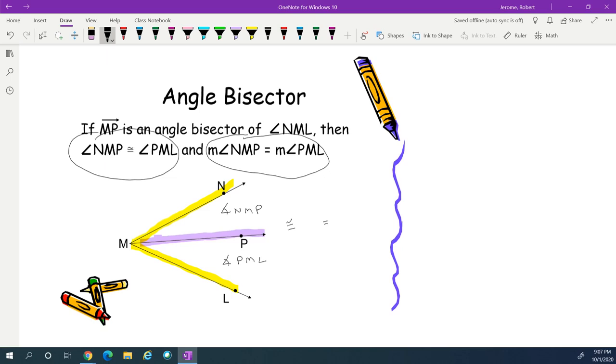It does not affect the length of their sides. So think about it that way. If I have a right angle and I bisect the angle, now those sides are definitely not congruent. If I bisect the angle, I didn't change the length of the two sides.